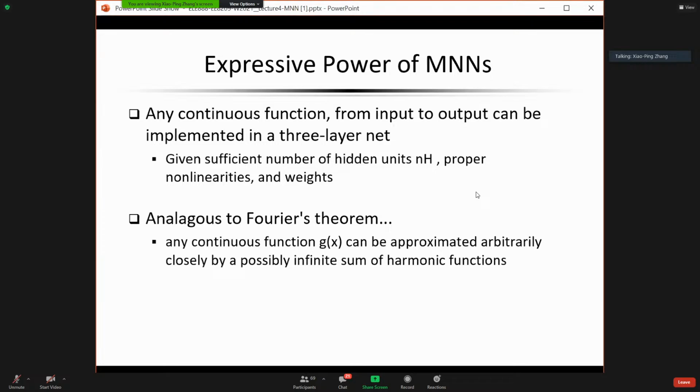Here's the conclusion. Okay, it's called the universal approximation theorem. I'm not going to write it down here, but it's simple. How many hidden layers do you need to approximate any function, right? The answer is you only need one hidden layer. Basically, you only need a 3-layer neural network.